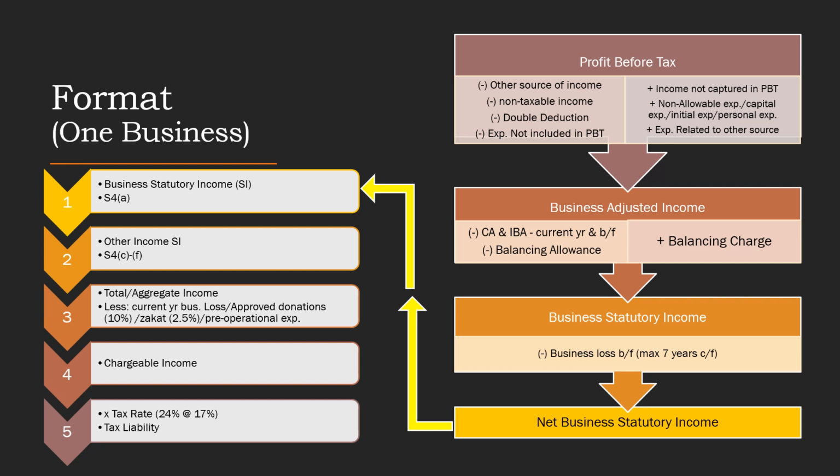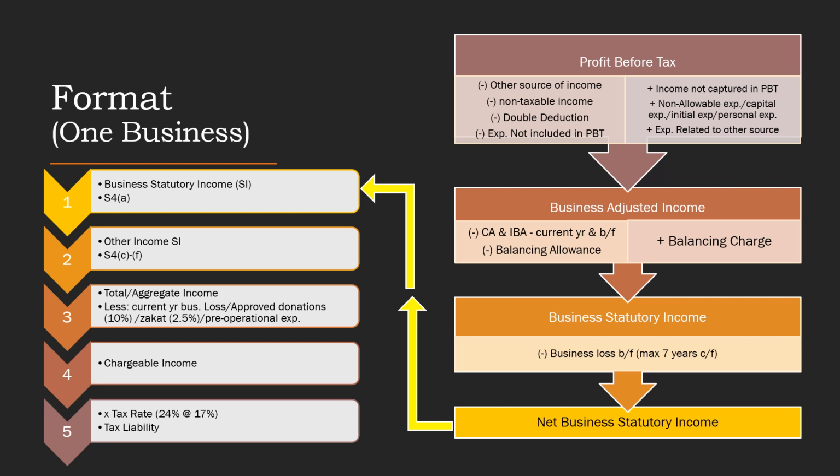However, actually, there is a maximum number of years, only up to 7 years. We can carry forward the previous year's loss up to 7 years only, to arrive at the net business statutory income.